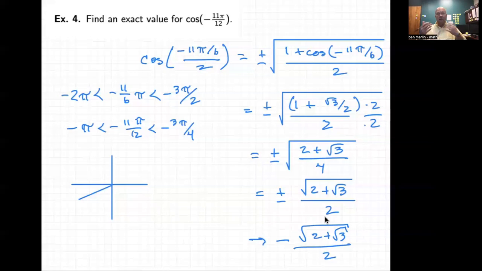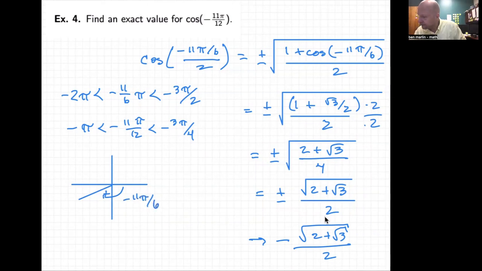Okay. So figuring out the minus sign there has to do with figuring out what actual quadrant we're thinking about things in. Okay. All right.